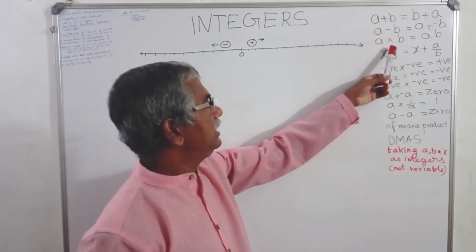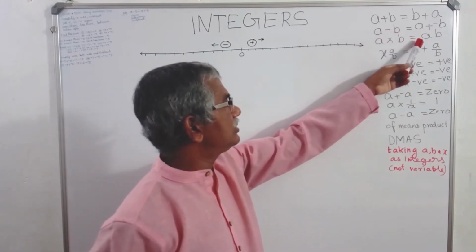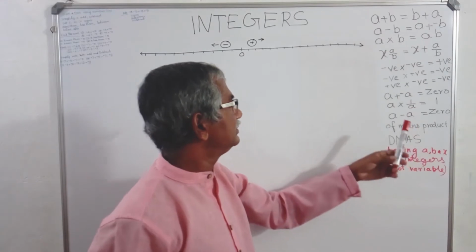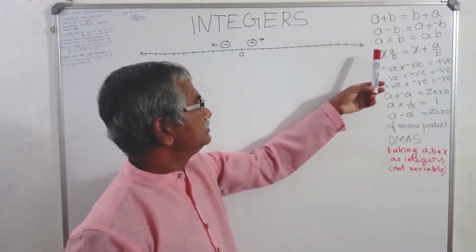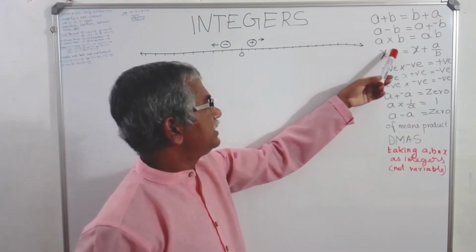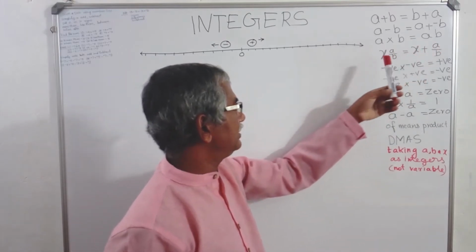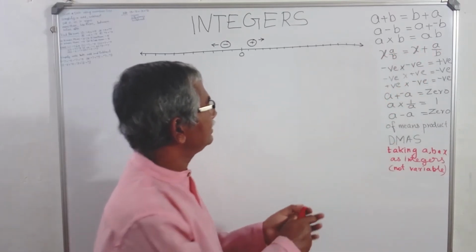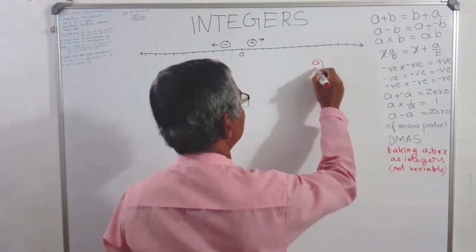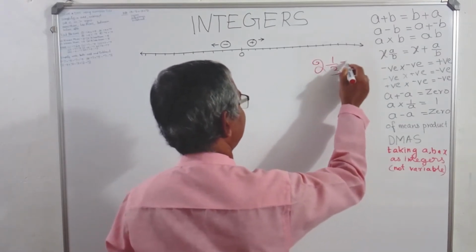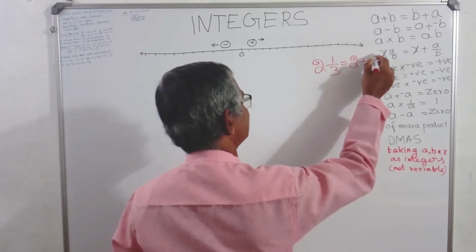Next, a into b is equal to ab. Then x and a by b is equal to x plus a by b. I can simply say an example: 2 and 1 by 3 is equal to 2 plus 1 by 3.